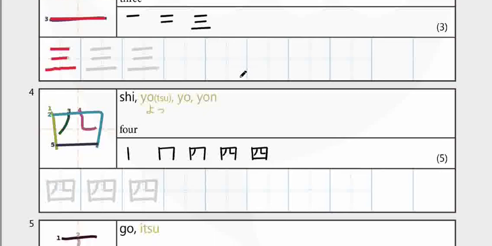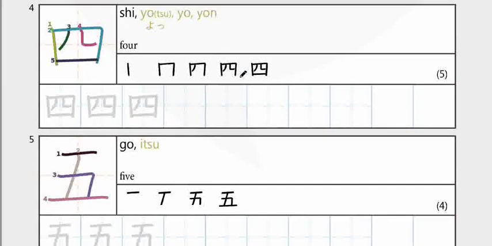Start this. Okay, the kanji number 4, which is shi in onyomi or yon in kunyomi. You can use this yo with the counter tsu, and it becomes yotsu, which means 4th of something. Now this is the first kanji that you might find difficult.